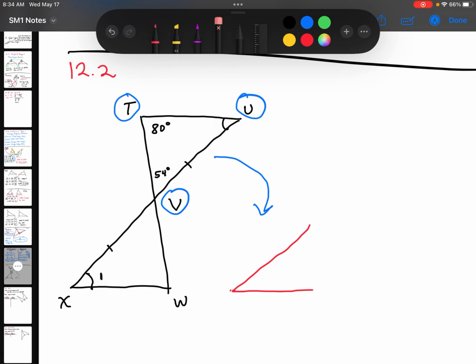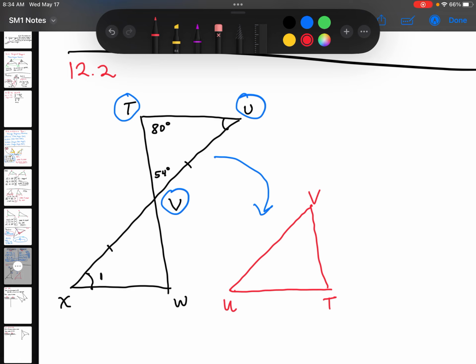Sorry, this is terrible, so I'm going to draw a new one. It's going to be something like this, okay? But this time, as you can see, when you rotate it that way and translate it that way, make sure that you understand that U goes here, T goes here, and V goes here. Sorry.